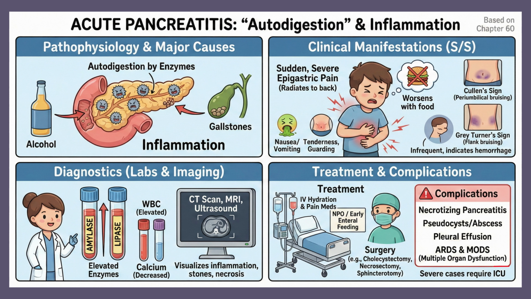Pancreatic pseudocysts and abscess are encapsulated fluid collections that may require drainage. Pleural effusions, typically left-sided, can occur due to impaired capillary permeability or inflammation, leading to shortness of breath.